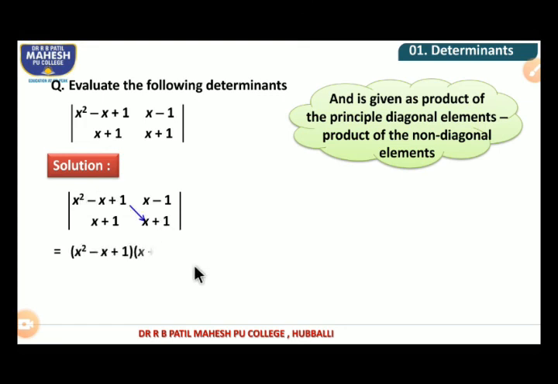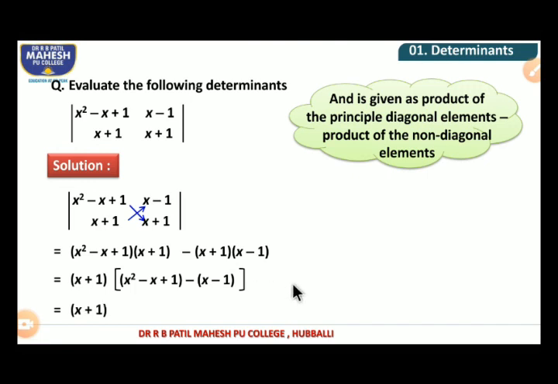Therefore x square minus x plus 1, whole into the bracket of again x plus 1, and minus we should take here. Next the product of these two, therefore it is x plus 1 into x minus 1. Now we can simplify this one. So we have x plus 1 common in these two terms, so we can take x plus 1 common. The remaining is x square minus x plus 1 minus of x minus 1.